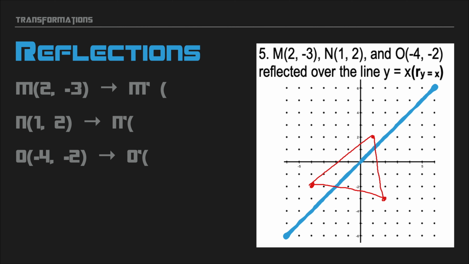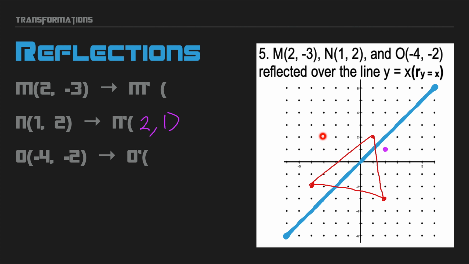I'm actually going to use a different color for this one. So this was N, which is now at 2, 1. Okay, so now that we've chosen the easiest point to do, let's do the other ones. So we have point M, which is at 2, negative 3. So if I would go 1, 2, 3, 4, 5, then I would have to go in the other direction, 1, 2, 3, 4, 5.